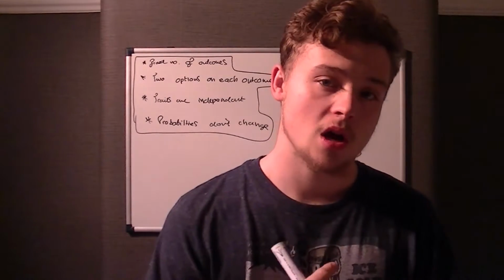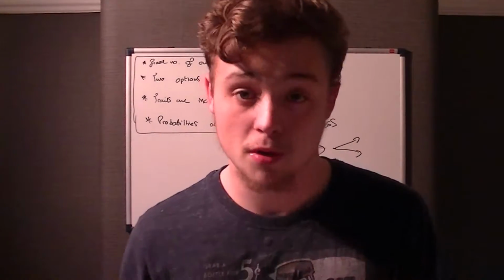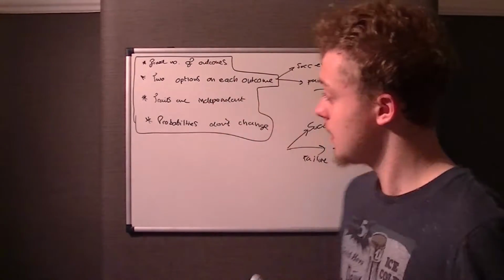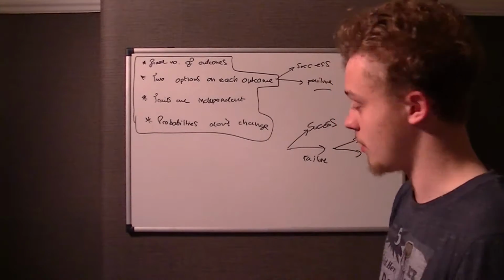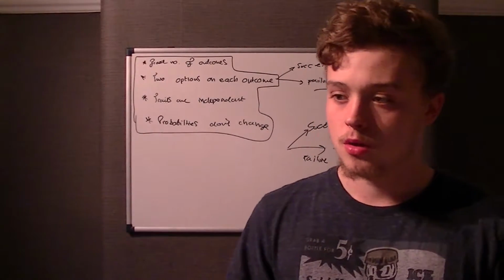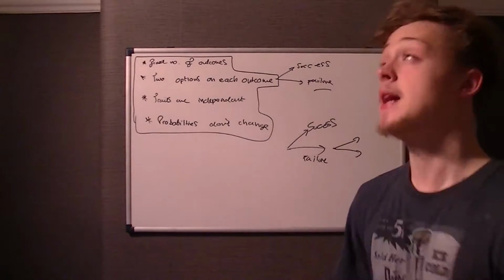It will ask what's a possible probability distribution for this situation. And if it's binomial, it has to fit each one of those four characteristics. There are other characteristics for other distributions, but if it fits all four of them, it's going to be binomial.